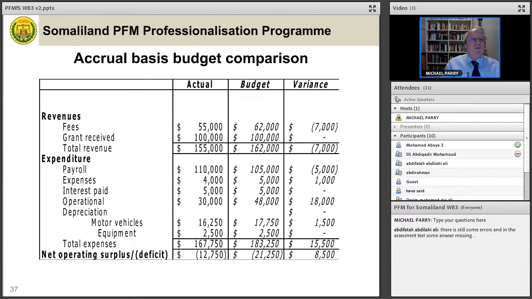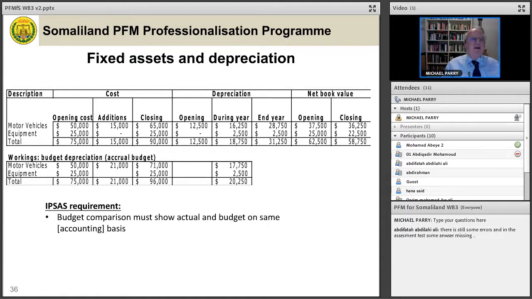Now, when we come to make our budget comparison, it's fairly straightforward because it's again the same as the modified accrual basis until we get down to depreciation. Let me go back to the previous slide to show you how we calculate the budget depreciation. And this is important. The IPSAS requires that you must have a budget comparison showing budget and actual on the same basis.